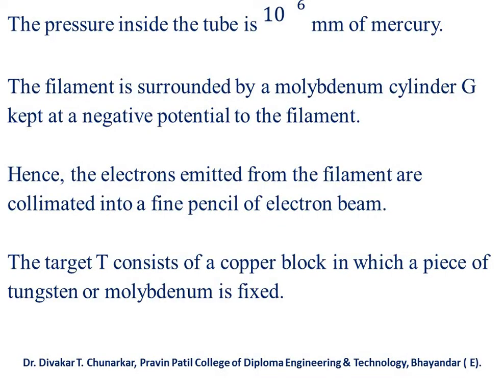The pressure inside the tube is 10 to the power minus 6 mm of mercury. The filament is surrounded by a molybdenum cylinder G, kept at a negative potential to the filament. Students, listen with your diagram. Hence the electrons emitted from the filament are focused into a fine pencil beam of electrons.